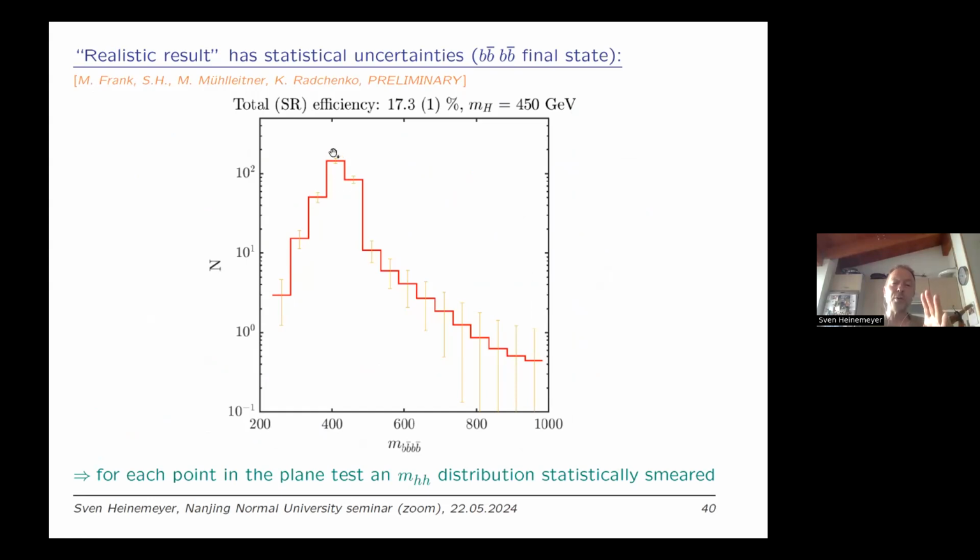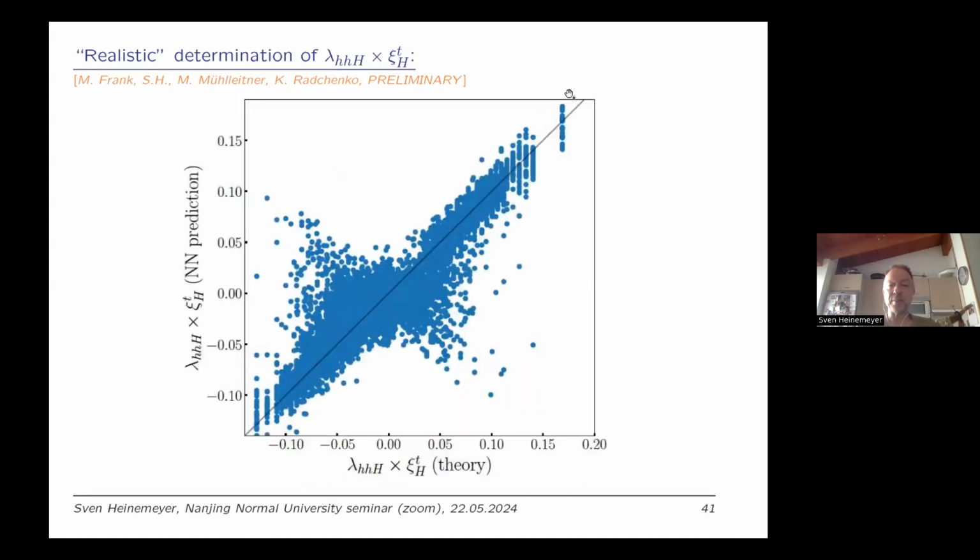And then for each point, we threw 5 different randomly assumed MHH distributions. So each point in the plane transformed into 5 points that we actually analyzed with a more realistic set of this MHH distribution. And this is why, for example, here we see a spread of points always. This is not 1 point, because each point we took 5 times randomly distributed.